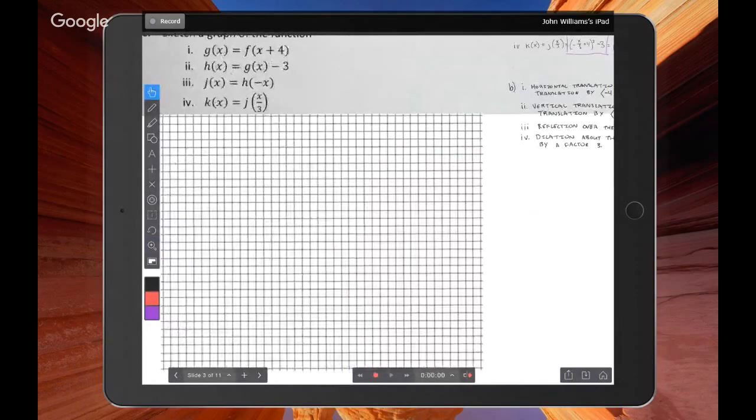Okay, let's see. I'm gonna graph. Here's my y-axis, and here's my x-axis, and we've got our first function is f of x, and it equals x squared.